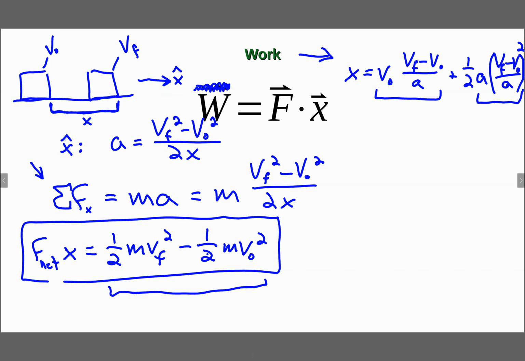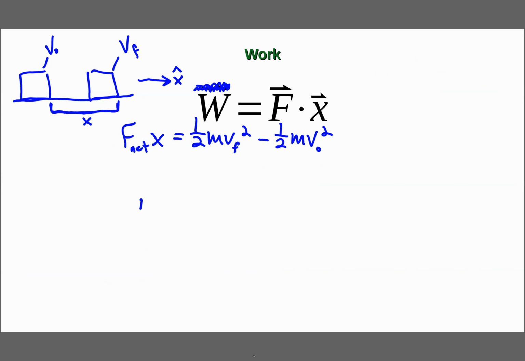Okay? So this quantity, 1/2 mv squared. This is called kinetic energy. This is the kinetic energy of the object. And note that this is a scalar quantity. So unlike the force, the velocity, the acceleration, any of those other things that we talked about before, the kinetic energy doesn't depend upon the direction the object is moving. Okay? It's just a magnitude.